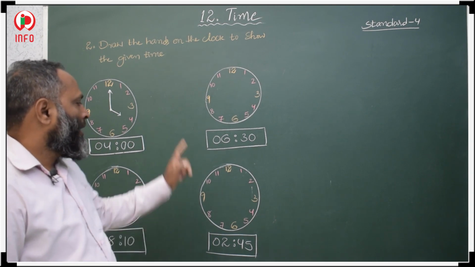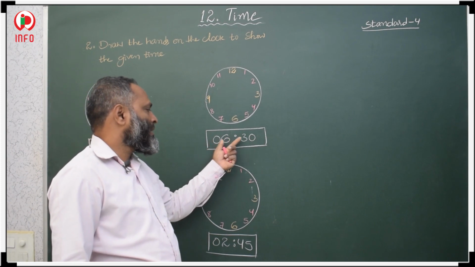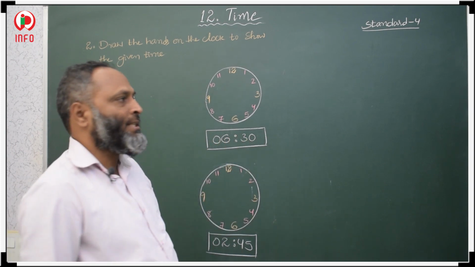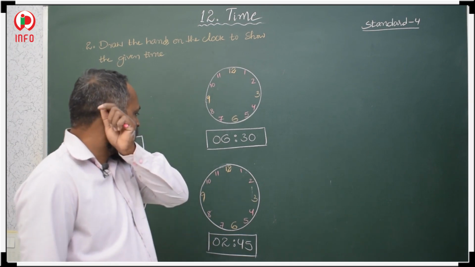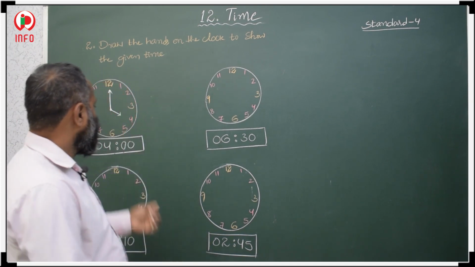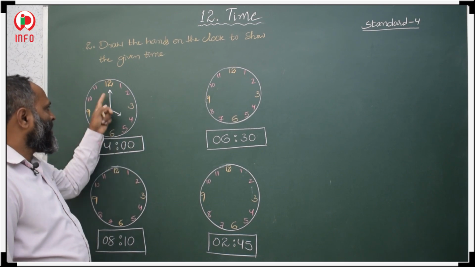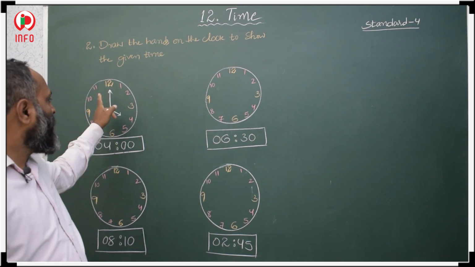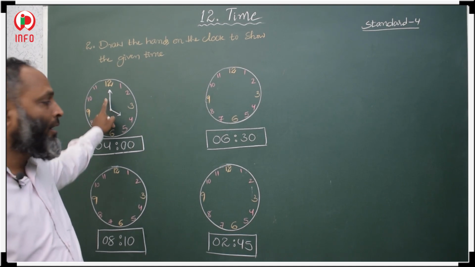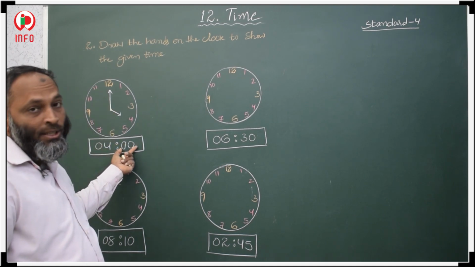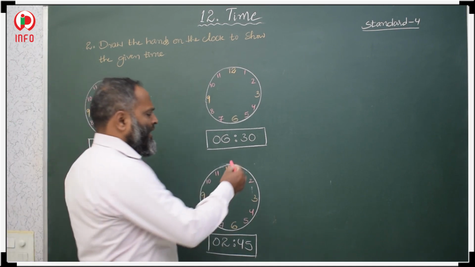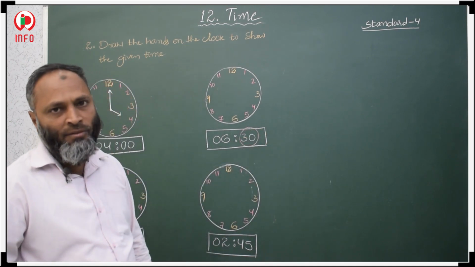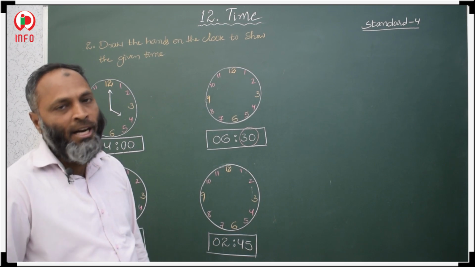Now, the next one is 6:30. How to draw 6:30? First, when the minutes are 0, you take the minute hand at 12. Here the minutes are 30. So, when 30 minutes are given, where should we draw the minute hand first?